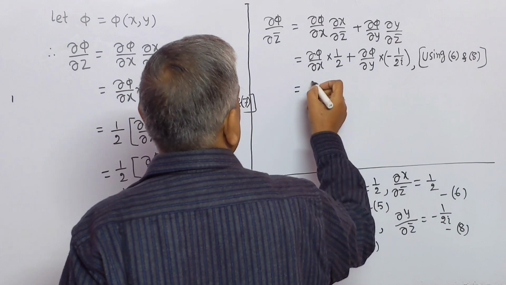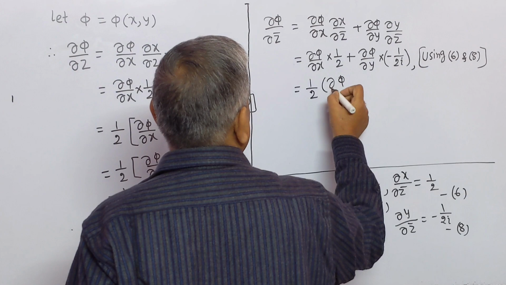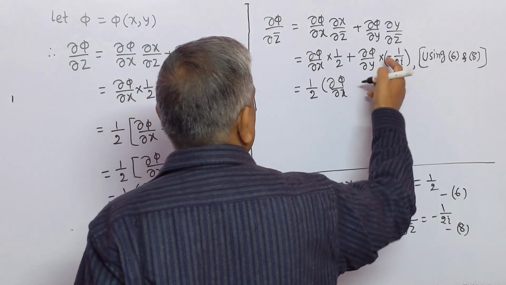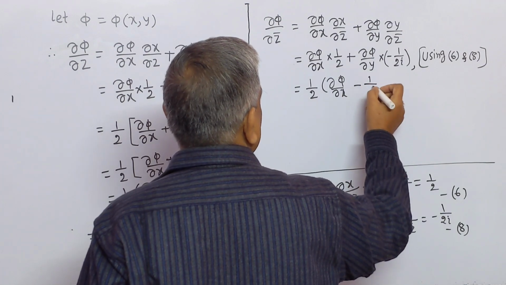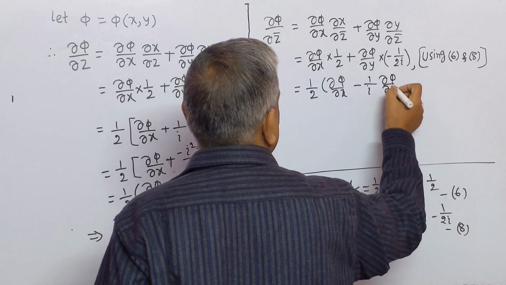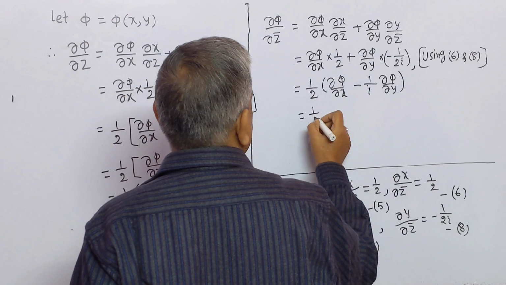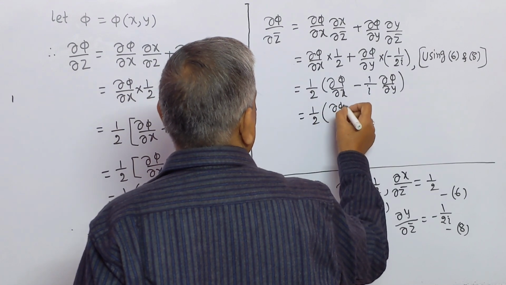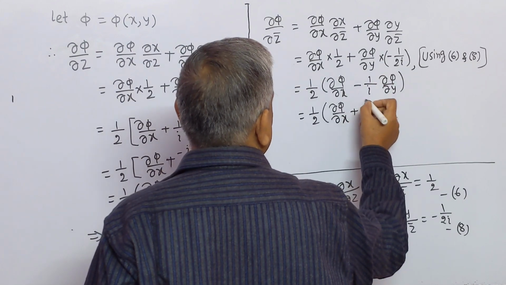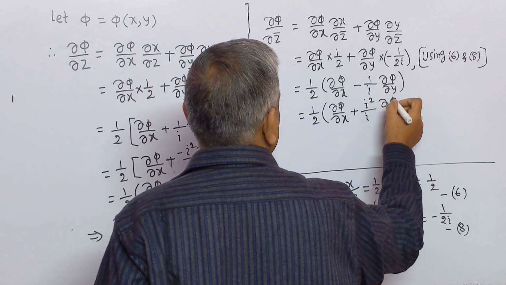This is equal to half del phi by del x. We have taken half common, so here remains minus 1 by i del phi by del y. This is equal to half del phi by del x minus 1 means i square by i del phi by del y.